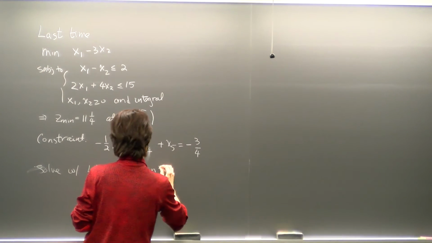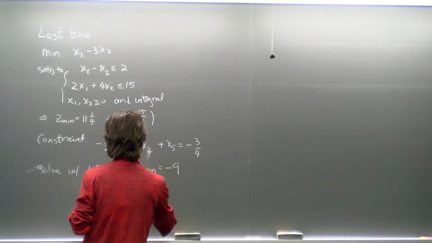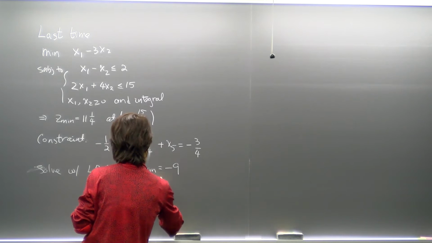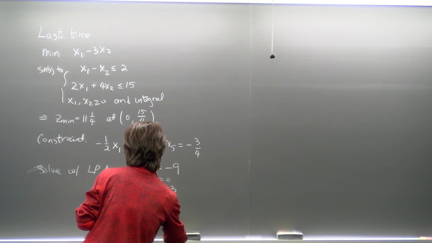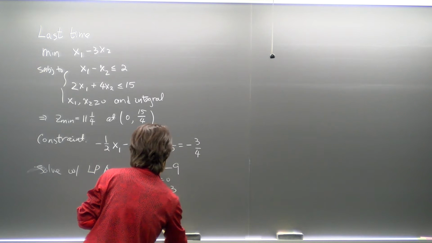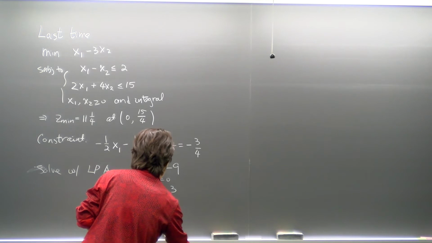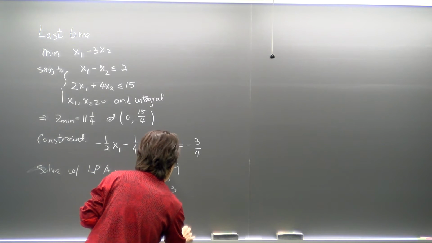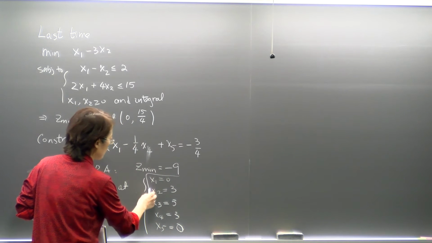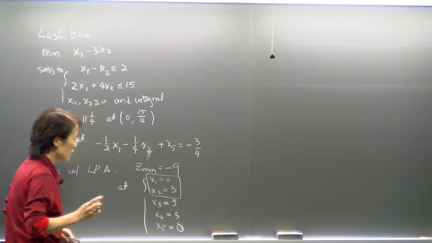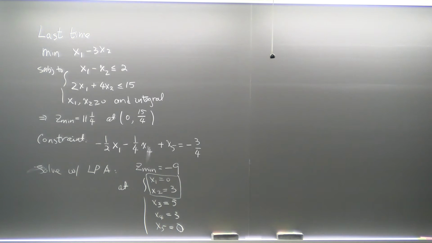The minimum value of z now is negative 9, attained at, what is at? x1 is 0, x2 is 3, x3 is 5, and x4 is 3, and x5 is 0. But the last three variables are all slack variables, not of importance. What matters is x1 and x2. They are the original variables. So let me block them.